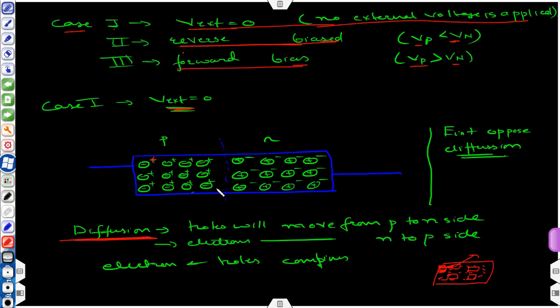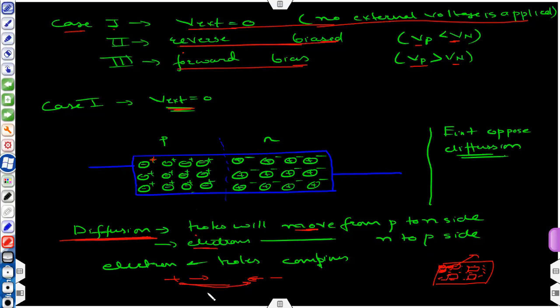Also there is charge attraction, plus attracts minus, minus attracts plus. So holes will move from p to n side. Moving means diffusing. Similarly, the electrons will move from n to p side. Plus moving this side, minus moving this side, and they will then combine.